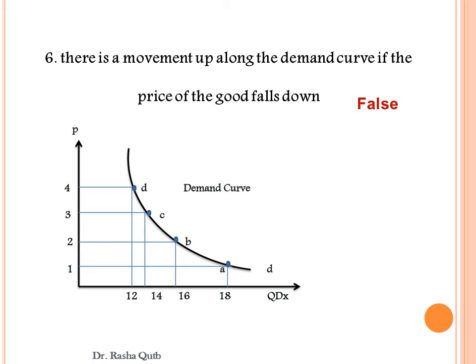We are moving from point D to point C. So the correction of this sentence is that there is a movement down along the demand curve if the price of the good falls.